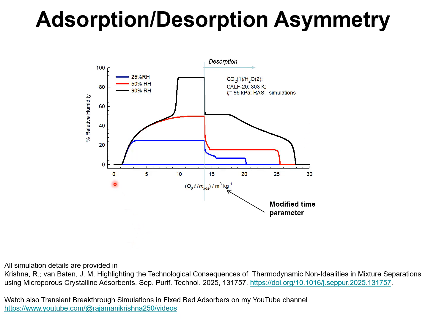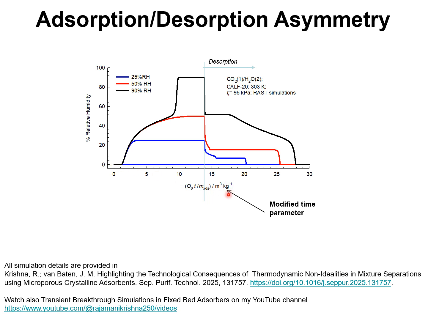For comparison with the experimental data published in the Rajendran paper, I show the adsorption and desorption breakthrough simulation data presented as percentage relative humidity exiting the fixed bed adsorber, plotted on the y-axis as a function of a modified time parameter.